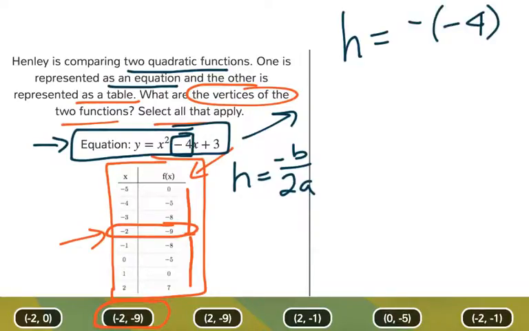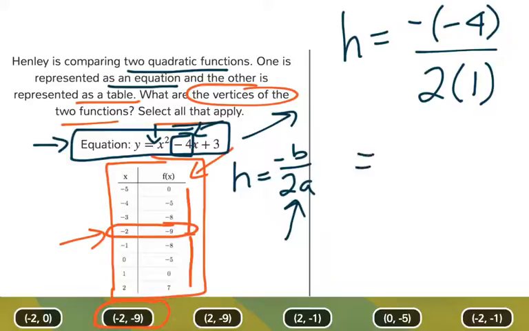You have to keep the double negative because the negative started out, and in standard form, it's ax squared plus bx. So since that negative is part of b, you have to take it with you. And then 2a, well, there's no number in front of the x squared, so that is just a 1. We're going to put 2 times 1 here.